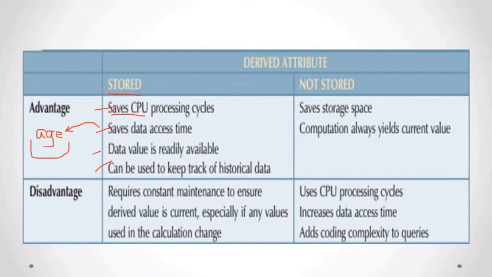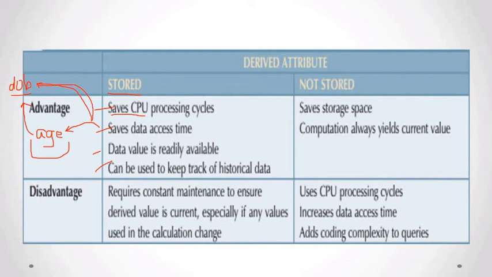then aside from this field, you have to access the date of birth. So you have to get that data, and then use that data to calculate the age. So it takes time.